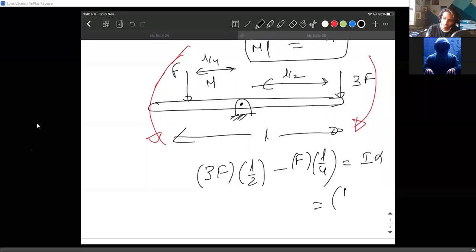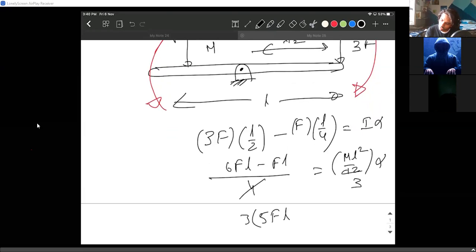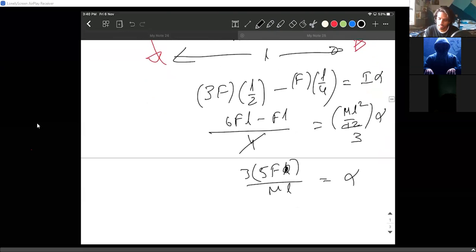Moment of inertia of the rod is mL square by 12. This comes as 6FL minus FL over 4, so 5FL by 4 times 12 by mL, so 15F by mL, guys. The answer is 15F by mL.